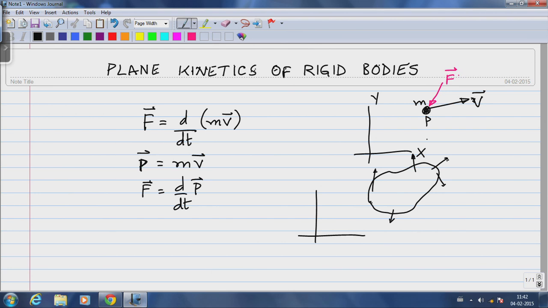So, if I have forces acting on this rigid body, which we will denote as vectors, what would Newton's second law look like for the rigid body?